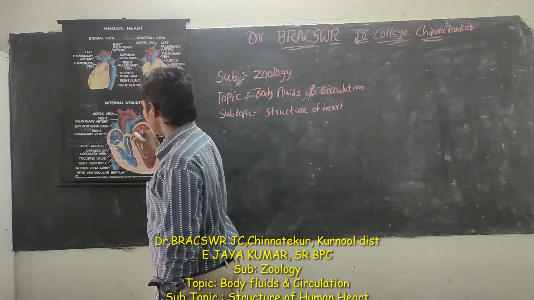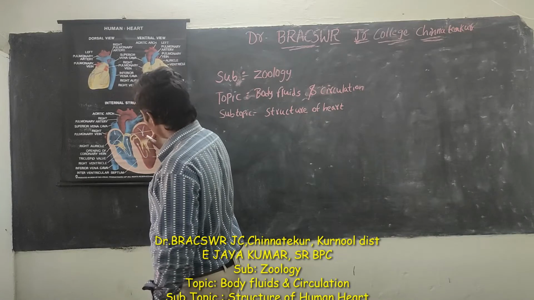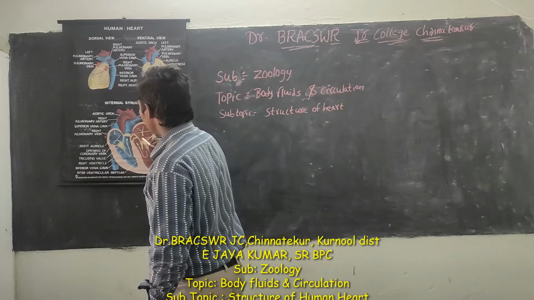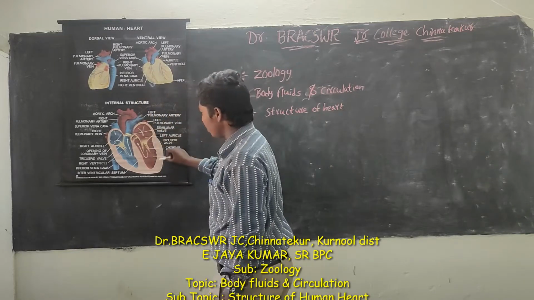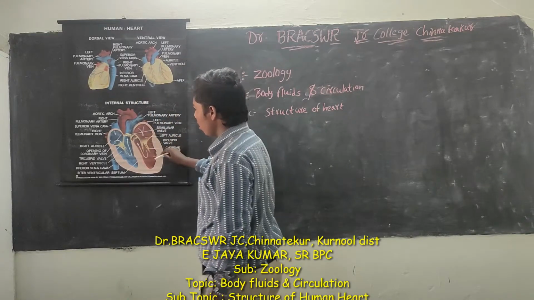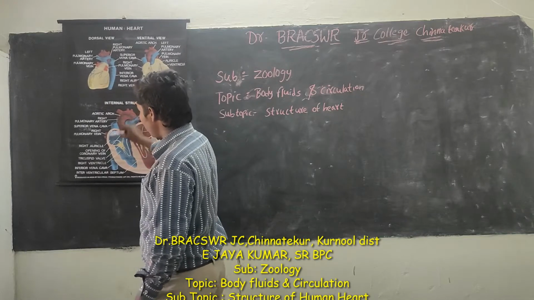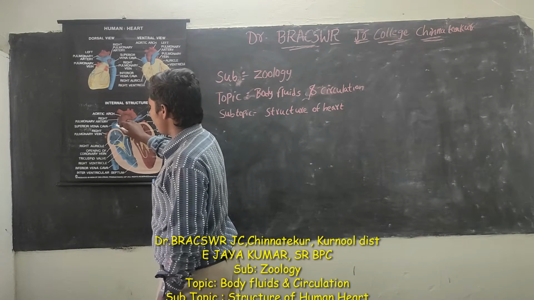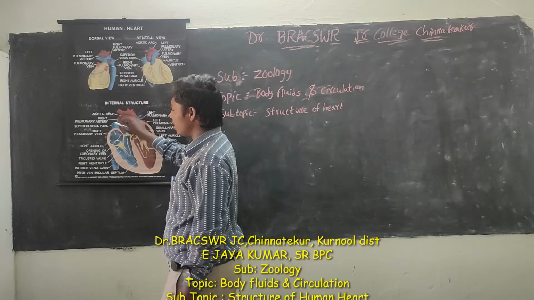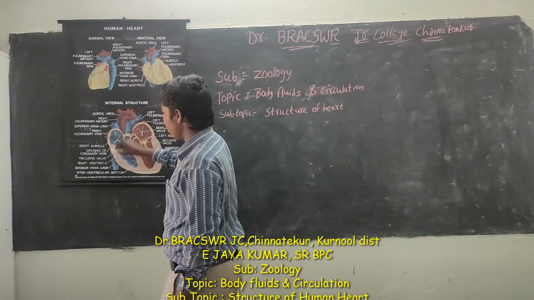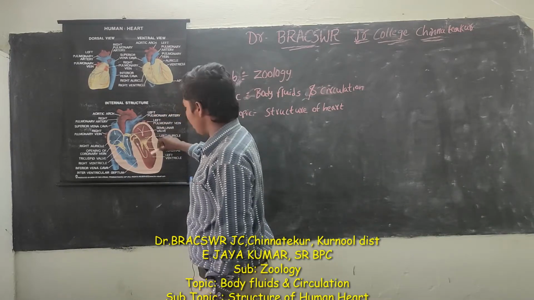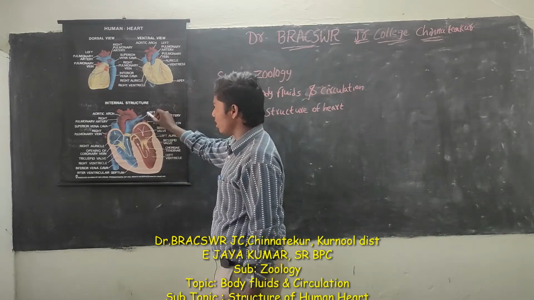The atria are very small and the ventricles are big. The left ventricle has a very thick layer. The inferior vena cava and superior vena cava bring deoxygenated blood into this side, and the left pulmonary veins bring oxygenated blood, which is supplied to all parts.